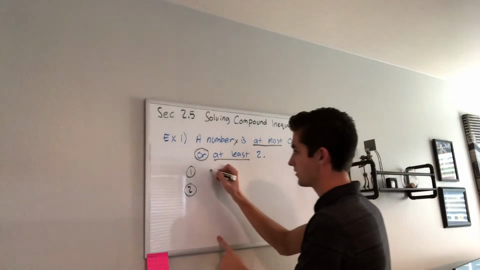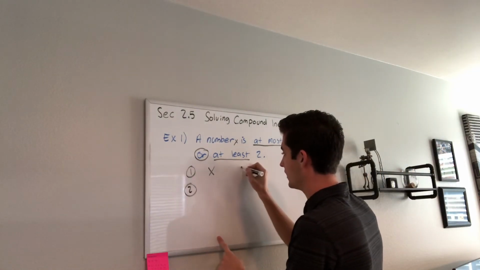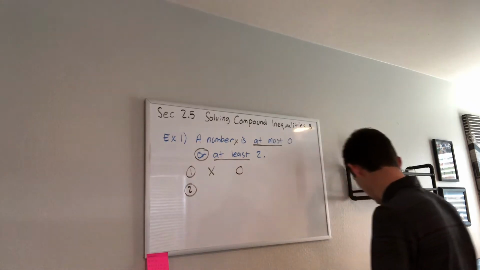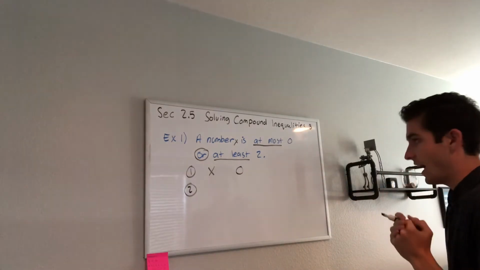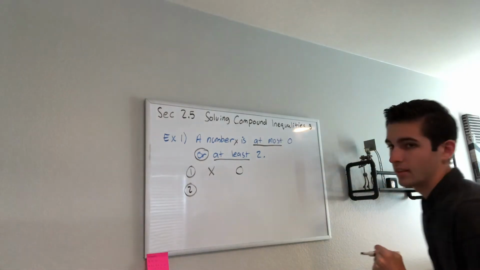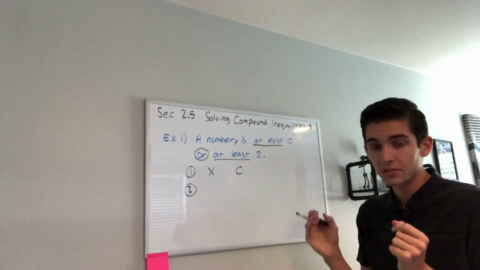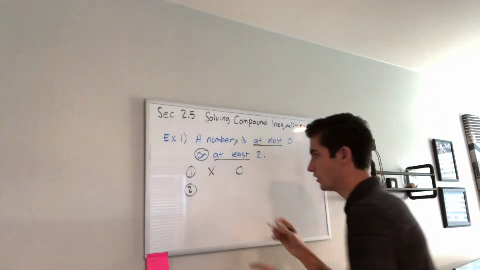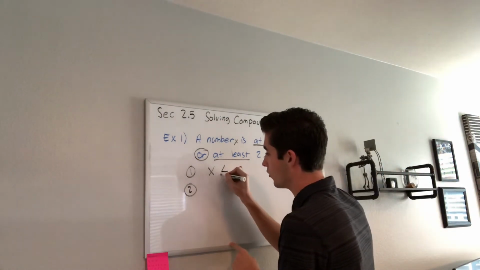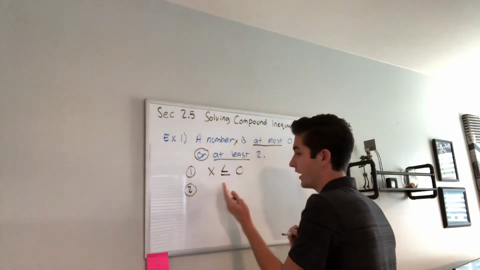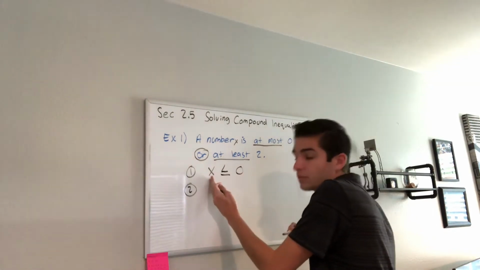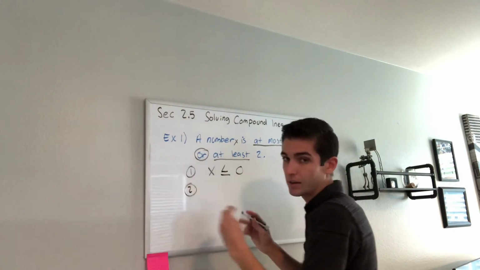So we need x, we need 0, for the first one. At most, right? Could it be less than 0? Sure. Could it be 0? Sure. So x could be less than or equal to. At most it could be 0, but it could be -1. It could be -100. It could be negative infinity.